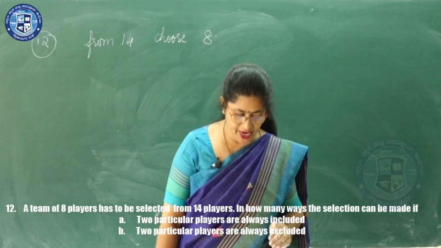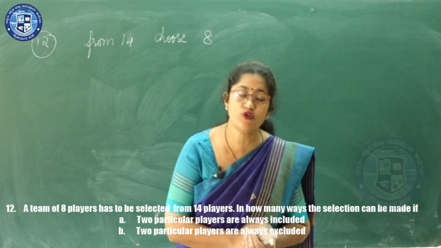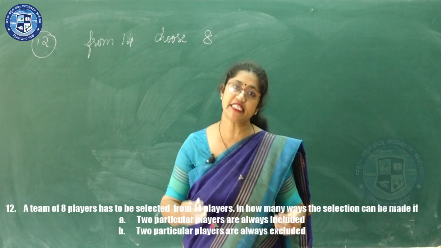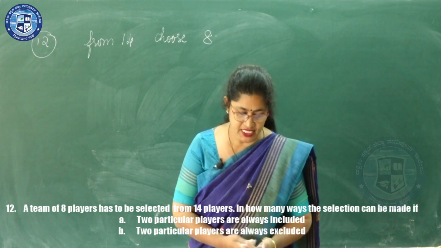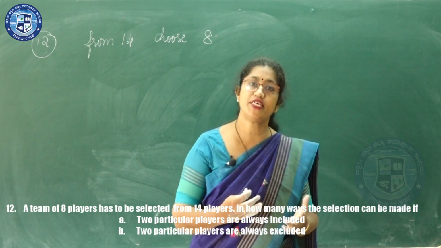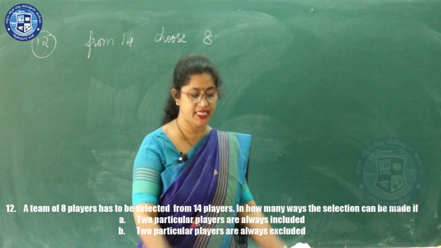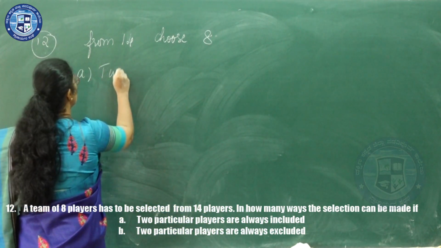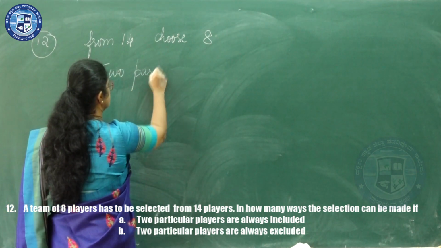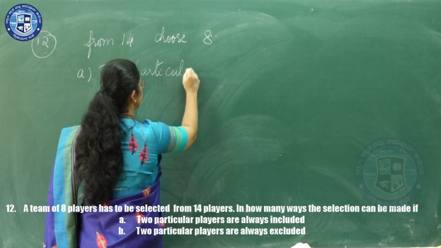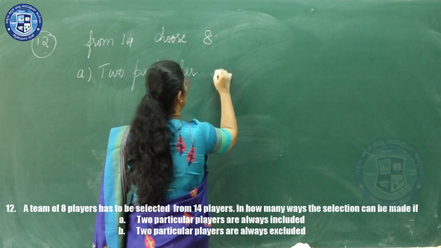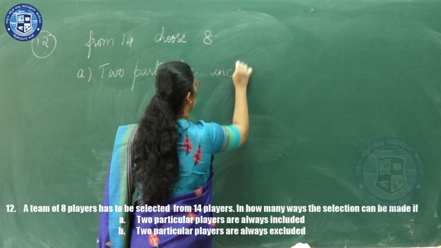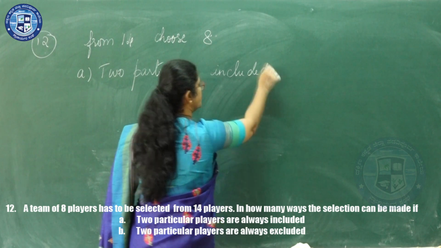If I have to choose 8 from 14, I would have told the answer is 14C8. But there is a restriction. In how many ways can the selection be made if 2 particular players are always included.